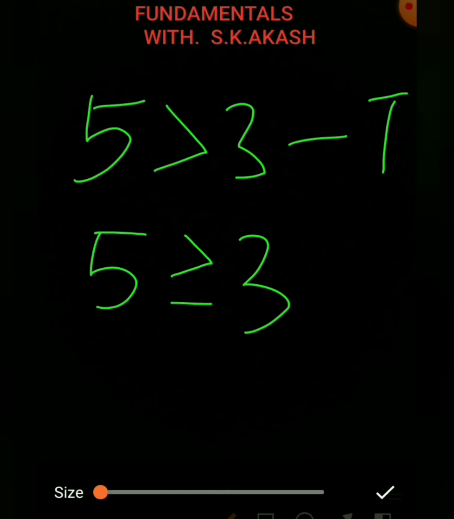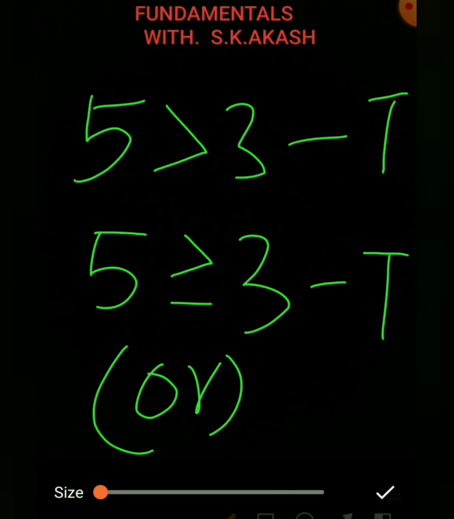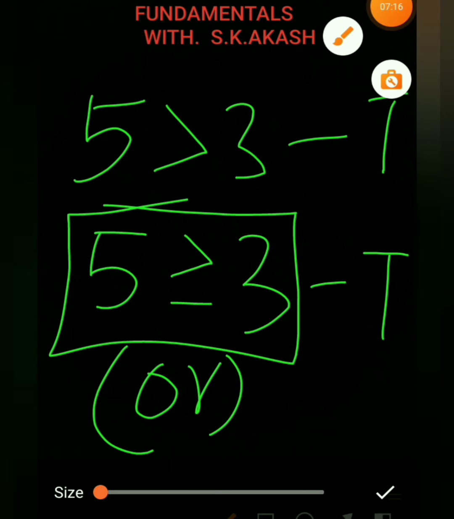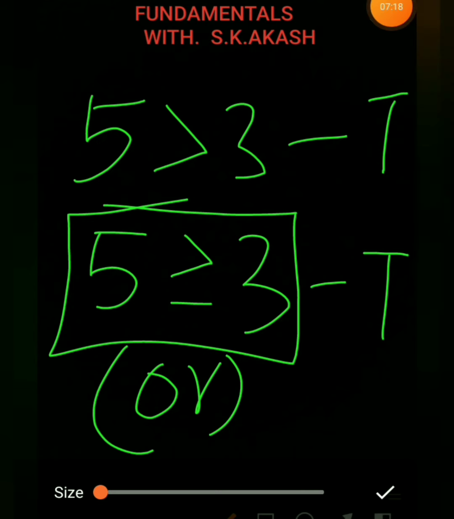I will say this is also true, because the condition greater than or equal to 3 is possible, and this condition is true according to me and according to the fundamental.